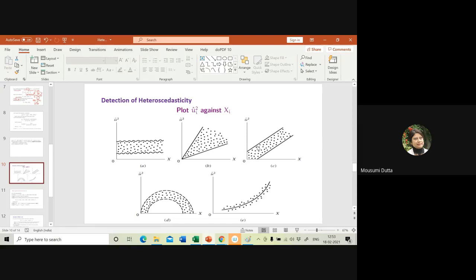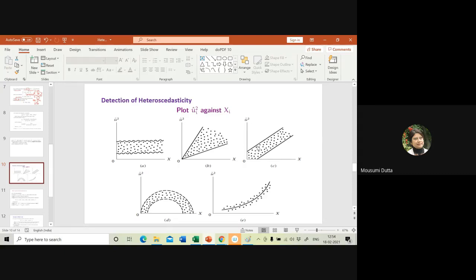So only one explanatory variable you can choose. If I plot basically the ei square, the square of the residual across x values, in that case, you can consider one explanatory variable at a time. However, to start with, given the data, we can use the graphical method.